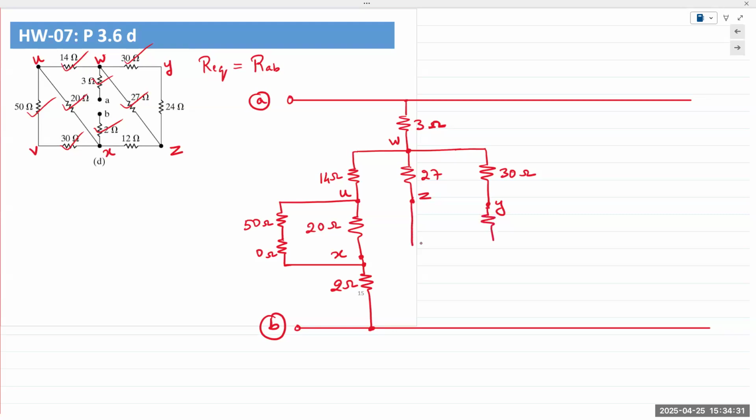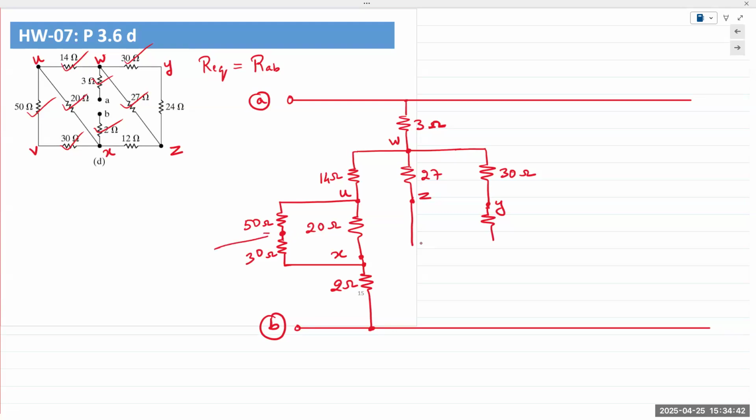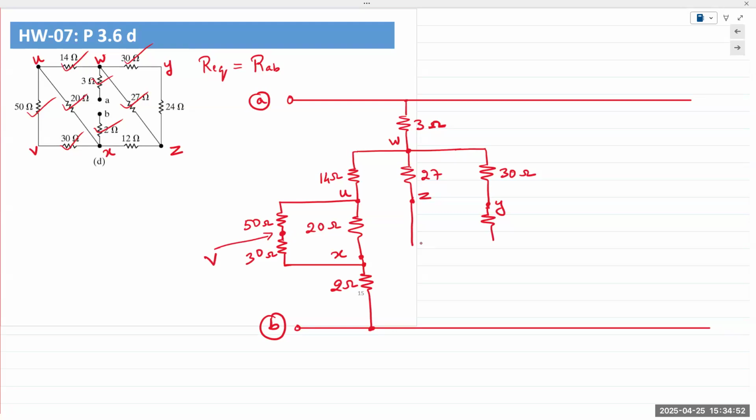And this was V. I forgot to write that. Node V. So this is Y. And between Y and Z, we have 24. And from Z, we have 12 ohms that goes to the 2 ohm resistor.